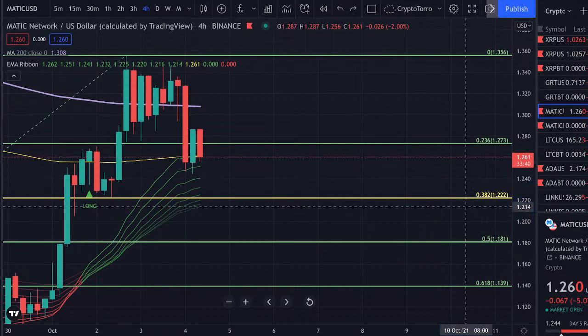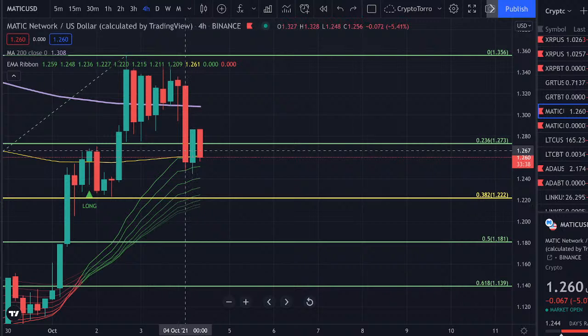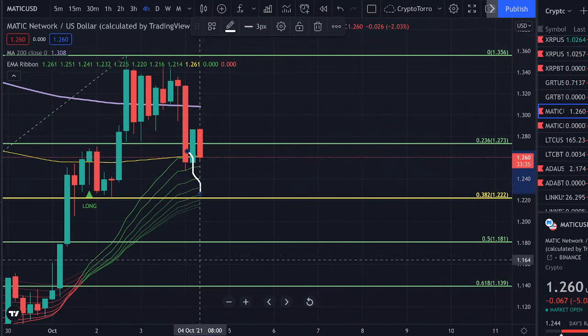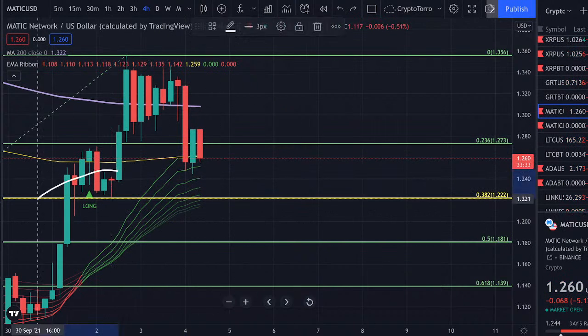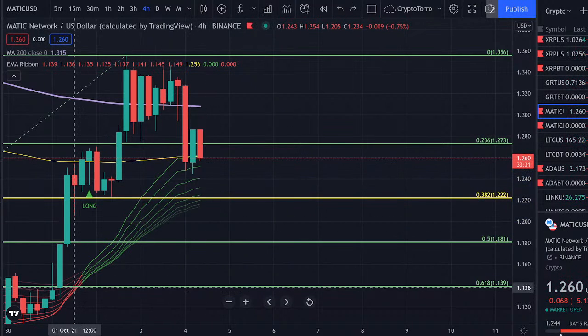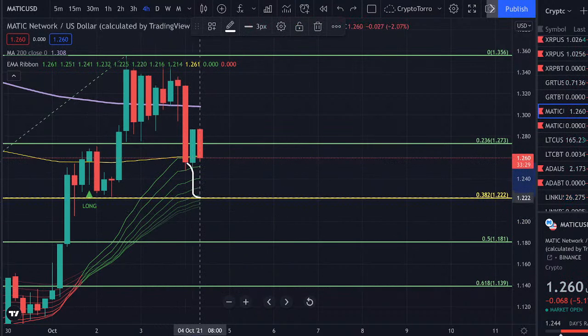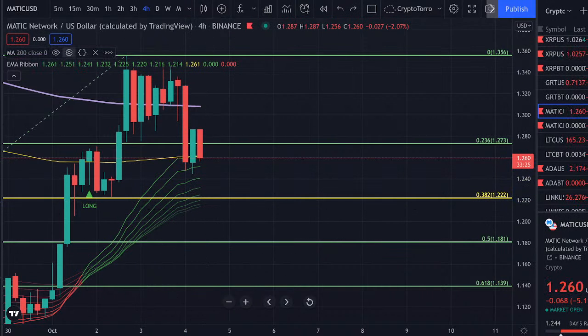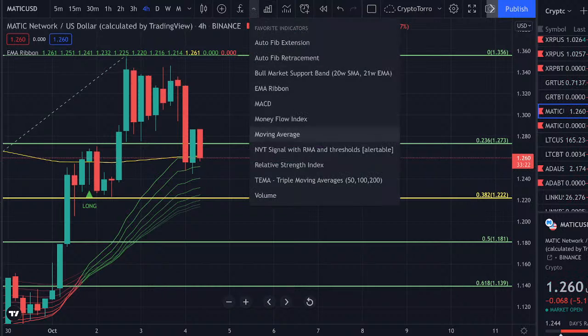And why I think this is very important is that if we retest this level, we are not just going to find support on top of previous support, but we are also still inside of the EMA ribbon, and the EMA ribbon will still serve as a major level of support and resistance. So I will be disabling the 200-day moving average, and I would like to enable the triple moving averages.